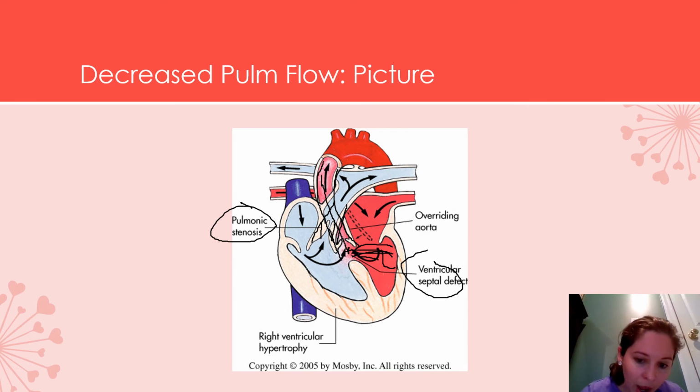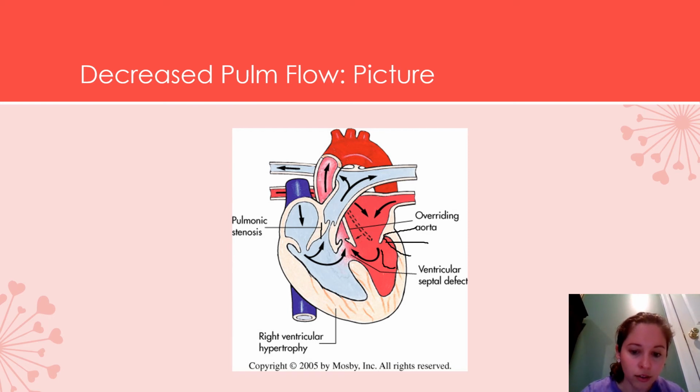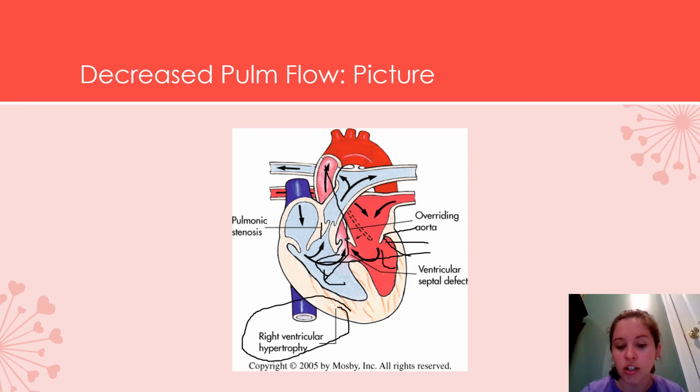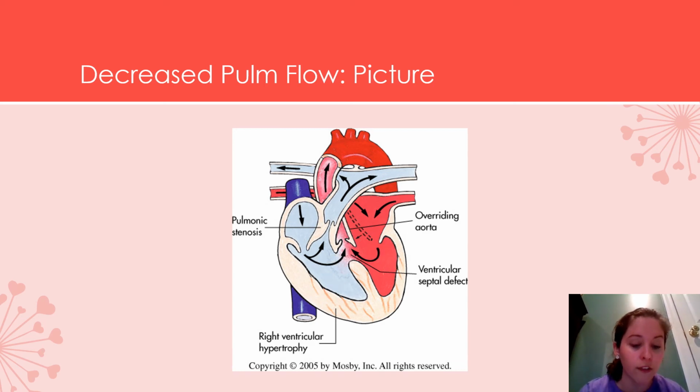And remember, you've got blood pushing in from the left side, so blood coming from the left side of the heart and blood coming from the aorta are all pushing into the right ventricle. Because of that, the right ventricle gets overloaded with fluid and starts to work harder, and we know the heart is a muscle, and as it works harder, it gets bigger. And so we have right ventricular hypertrophy. So those all make up what we call tetralogy of Fallot.